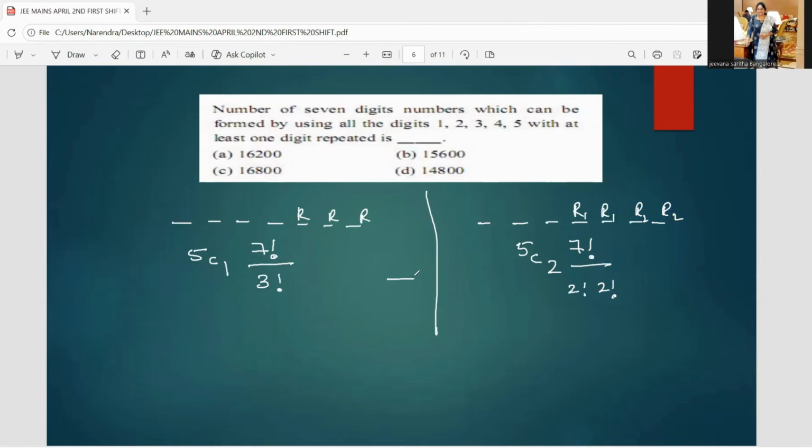And if we add up these two cases, then it simplifies to 16,800. So effort lies in only identifying the cases. The rest of the process is very simple, to write down the permutations. Answer is C here. This also didn't take much time to complete the question with accuracy. I feel this is also a scoring question.